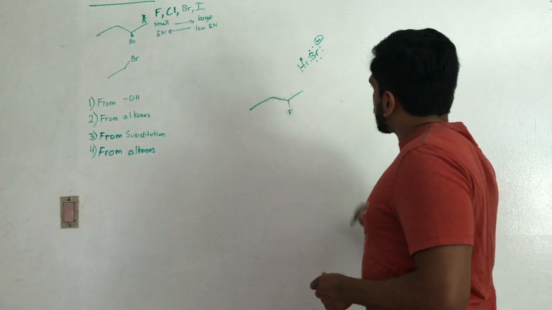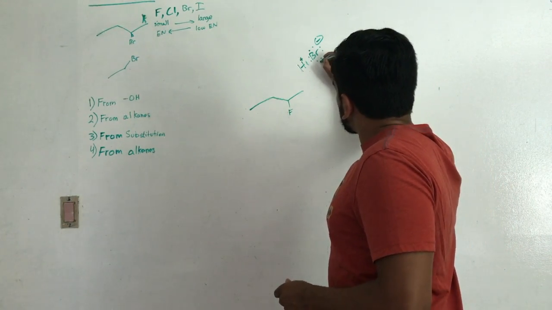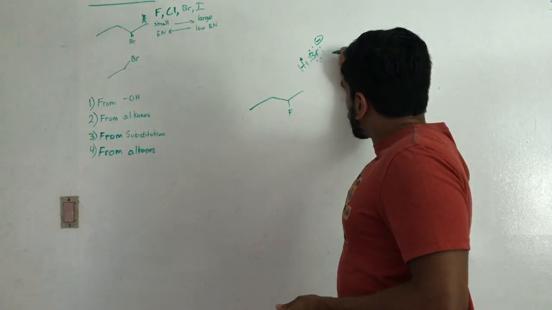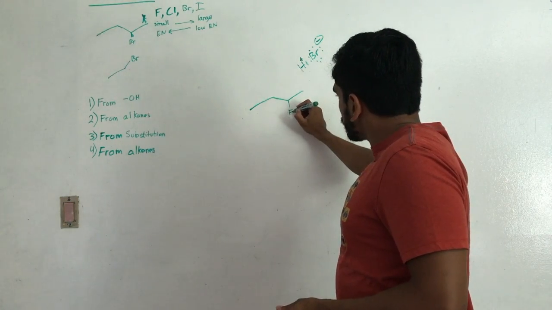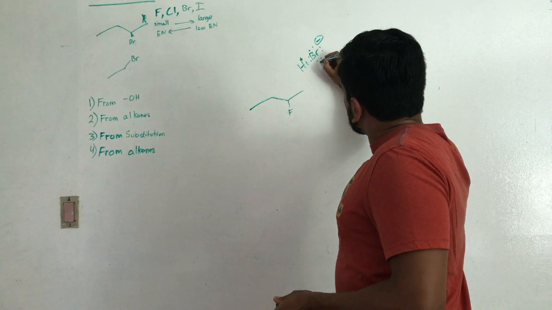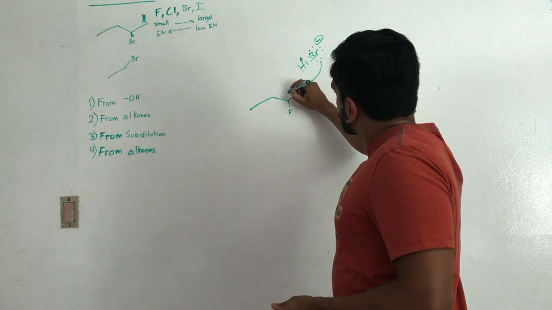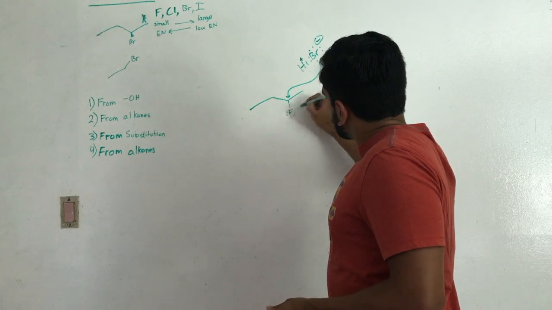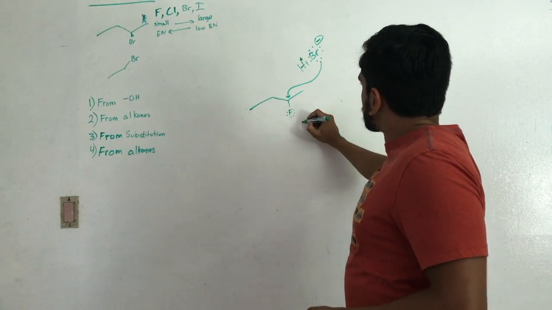So essentially what happens is this is a quick one-step substitution mechanism wherein you have your leaving group and you have this bromine coming and attacking. This fluorine, once again, has 6 valence electrons around it.